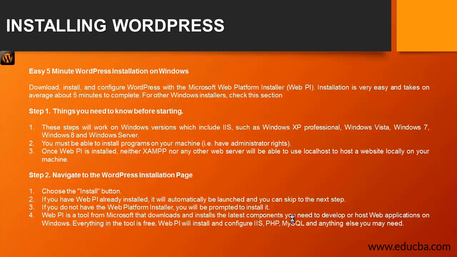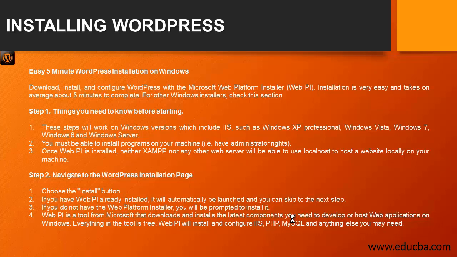Step 2 is to navigate to the WordPress installation page. Choose the install button. If you have WebPI already installed, it will automatically be launched and you can skip to the next step. If you do not have Web Platform Installer, you will be prompted to install it.